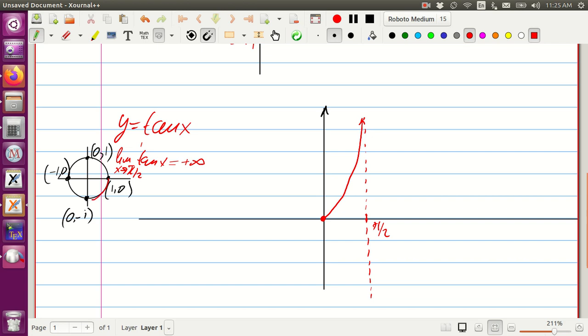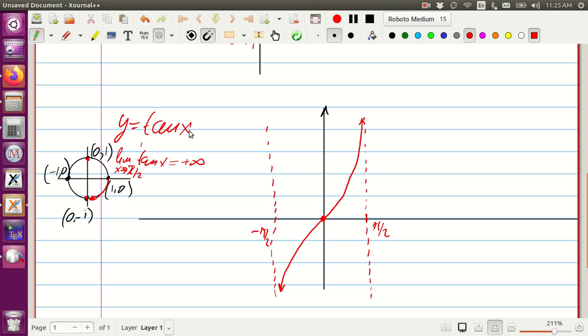If I move this into the negative direction, I'll get into the same situation, but the y value is negative over here, so our limit will approach negative infinity. So by negative pi over 2, our function will approach negative infinity. So every time we get to this point or to this point, we'll get infinity.